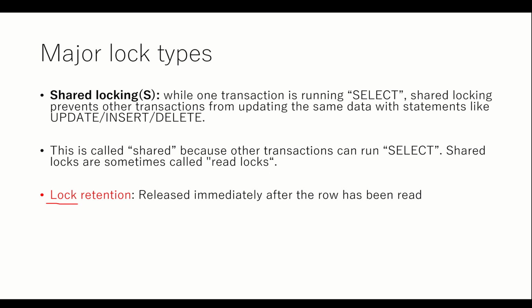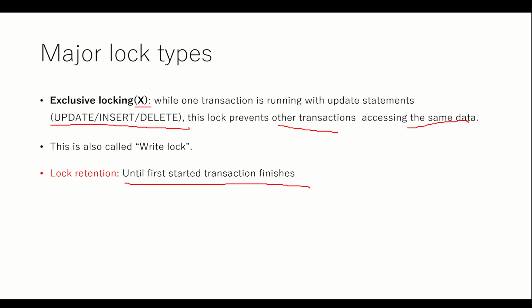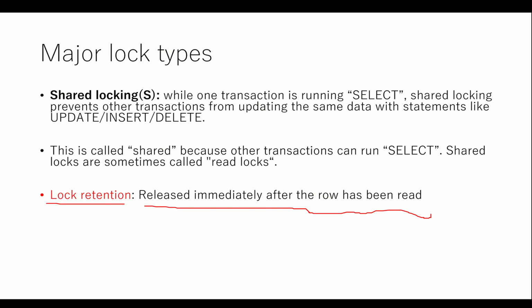The lock retention in shared locking is released immediately after the row has been read. This is also a very important feature. As you might remember, exclusive locking is released when the transaction finishes. But in the case of shared locking, the lock is retained for a very short period of time. It is released immediately after the row has been read.